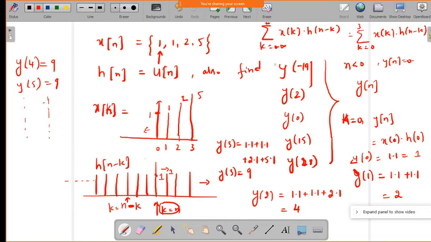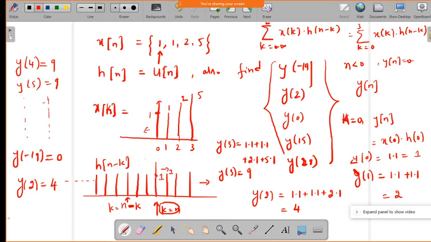So now you see, what are all the samples which they asked? So you need to write. Now what is y of minus 19? Which is equal to 0, because when n is less than 0, you will get y of minus 19 as 0. So now what is y of 2, which we have found? y of 2 is nothing but the output value, which is equal to 4.